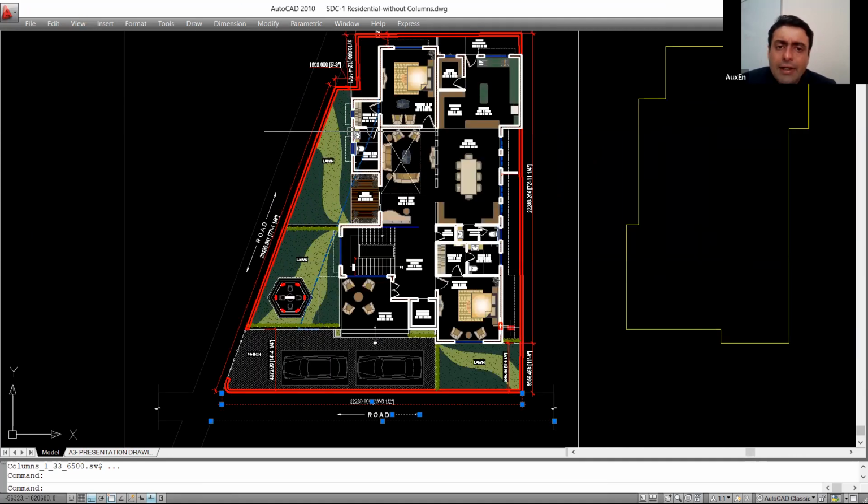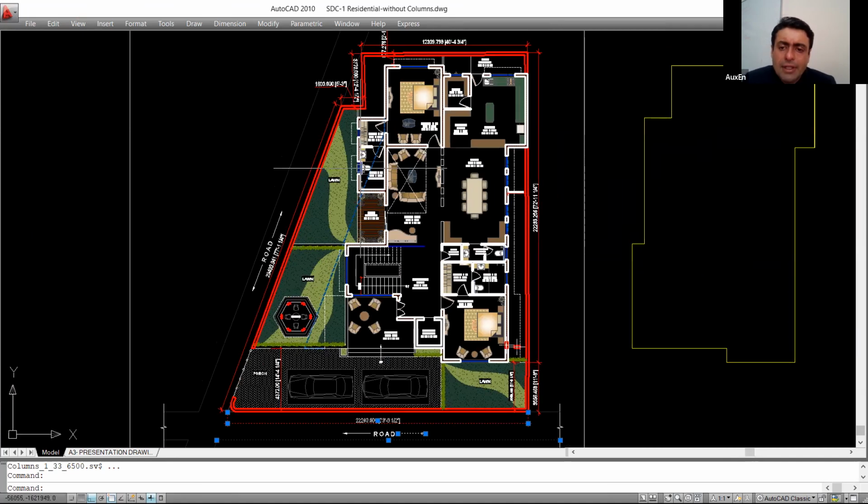For this plan, let me clarify. I would be calling this the front, this the back, and these my sides. Is it clear?